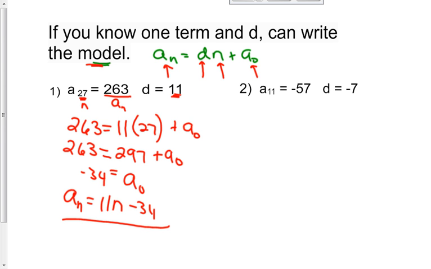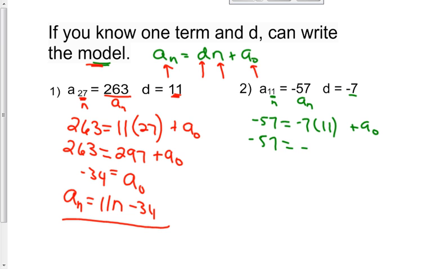Okay, let's try that again with this next equation. A sub n, that tells you what term you're on. That's the n value. Negative 57 is the answer, the a sub n value, and then of course negative 7 is d. Negative 57 is equal to, common difference, negative 7, times n. N is the value of the term that we're on. We're on the 11th term, plus a sub 0.